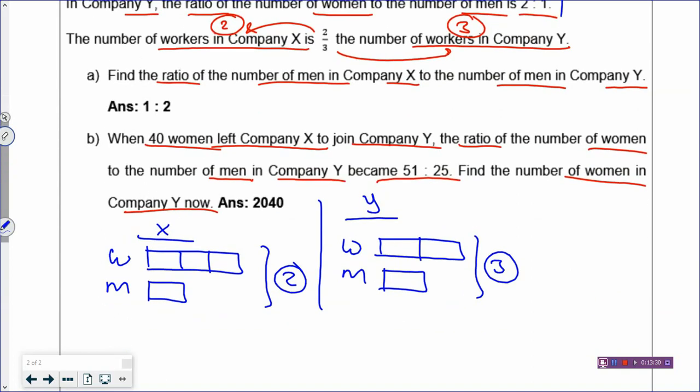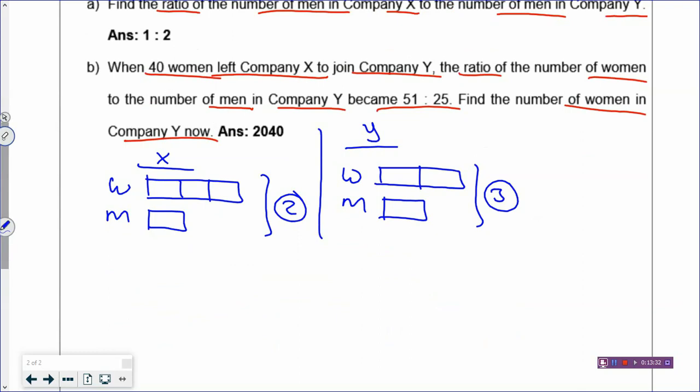Okay, so let's look at the model and what can we do with the model? Okay, there are no important numbers, right? So far, no important numbers yet. So if you look at the model, you can see that the total boxes in company X is 4. Am I correct? 4 boxes. And there's a 2. Total is 2.